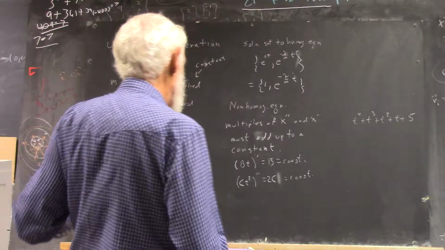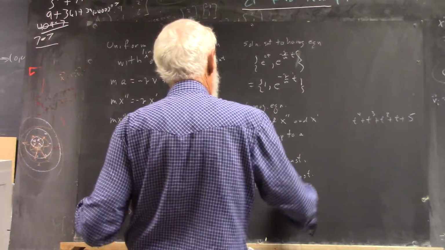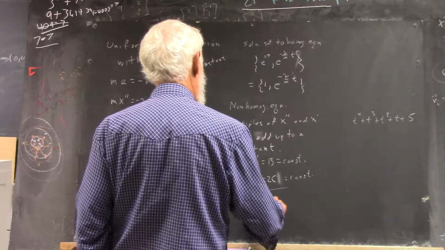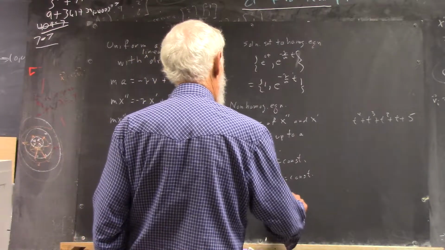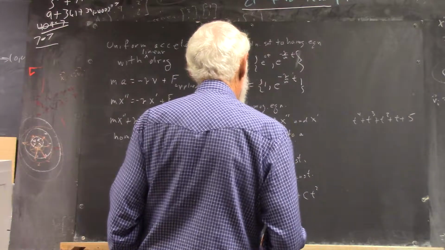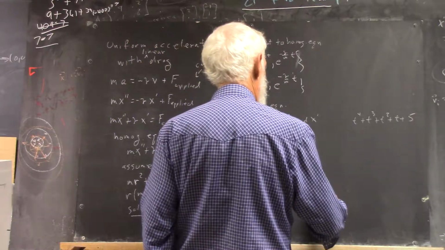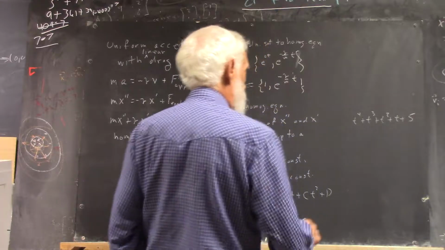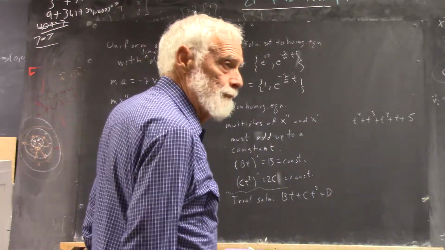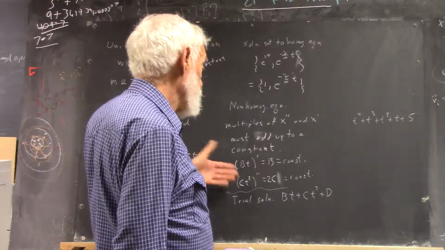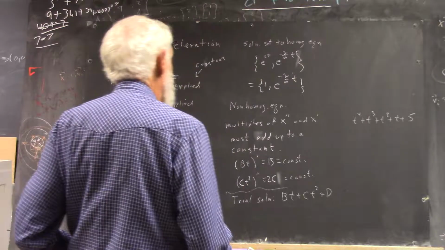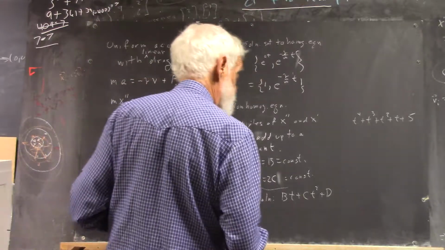Okay, well then we say, and then we can actually put plus d in here. We could have any constant because its first and second derivatives are both 0, right? Okay? So we plug that in.